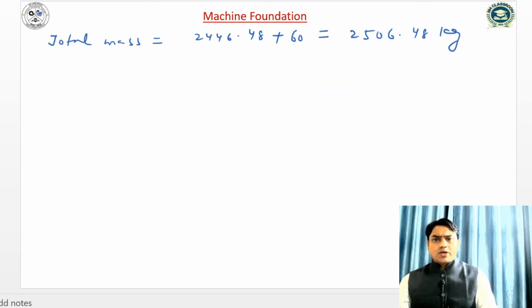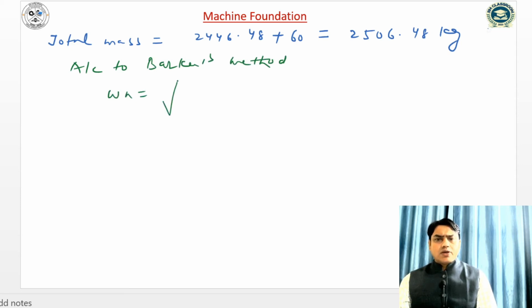So we have to find the coefficient of uniform compression. So according to Barken's method, omega n is equal to square root of CuA by m. So f can be written as 1 by 2 pi square root of CuA by m.